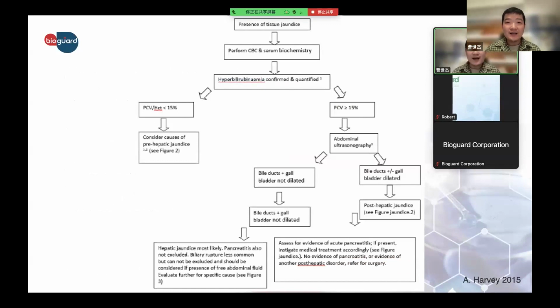For a jaundice cat, there is an algorithm for how we evaluate it. First, we need to perform the CBC and biochemistry to see if there is truly hyperbilirubinemia, and we need to know the number of the total bilirubin as well.